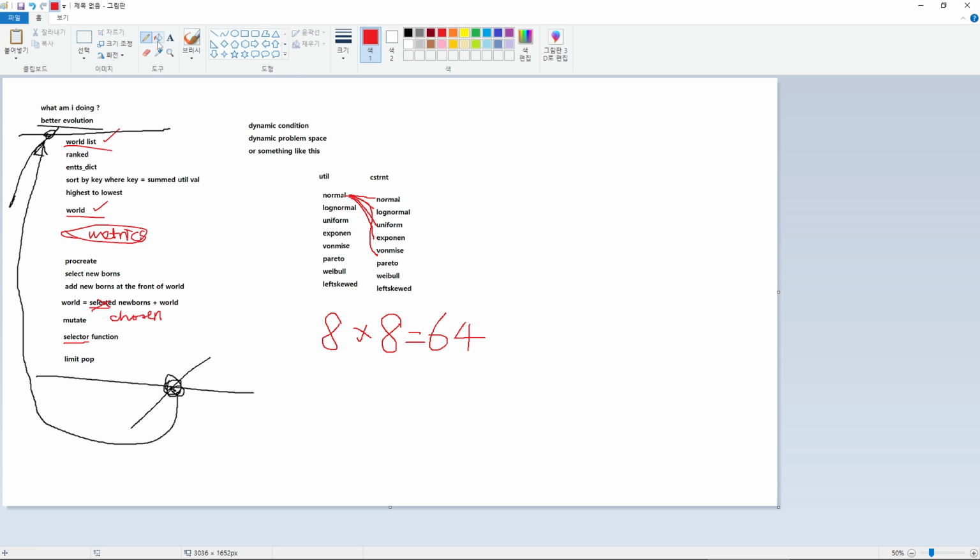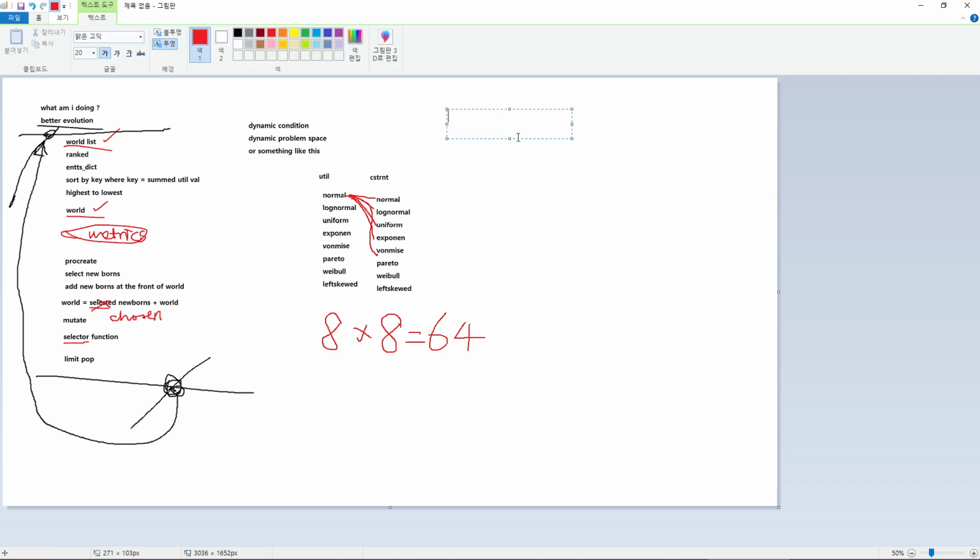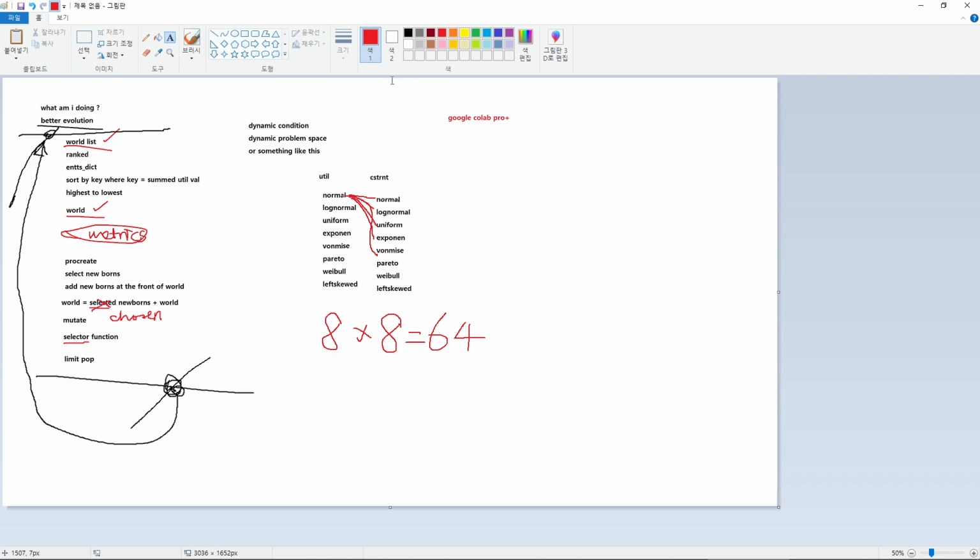But here comes the problem. Last time when I did it on Google Colab Pro Plus, since I'm not using any GPU, not ever for this project, I'm only using CPU and maybe RAM as well.